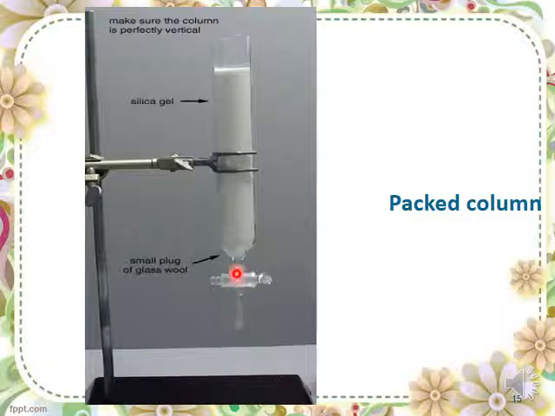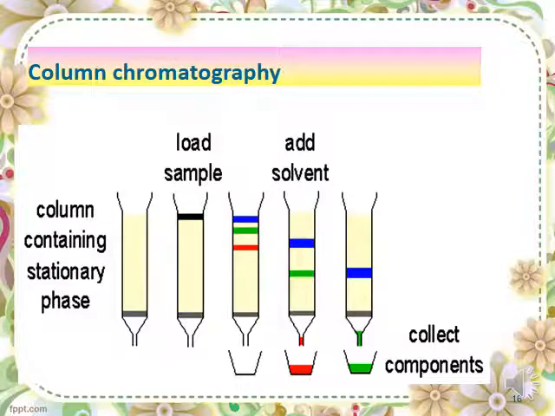So when we pour in the mobile phase along with the sample components, it will travel down and out here. Again the concept: polar likes polar, non-polar likes non-polar. The polar component will be retained by the polar stationary phase, and the non-polar component will move faster down the column.